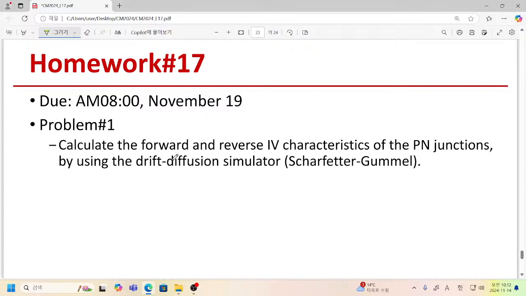So now you have homework number 17. I think this is the pinnacle of our entire semester. Simply speaking, just complete developing your one-dimensional drift-diffusion solver with the Scharfetter-Gummel scheme. If you have not fully implemented your previous solver, you still have time, 5 more days, so please make your implementation.